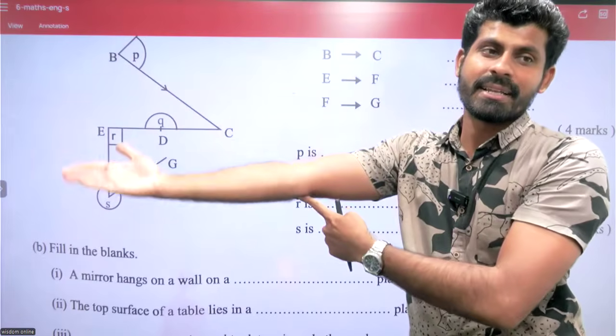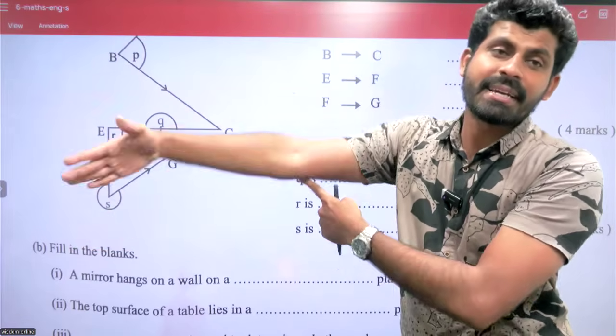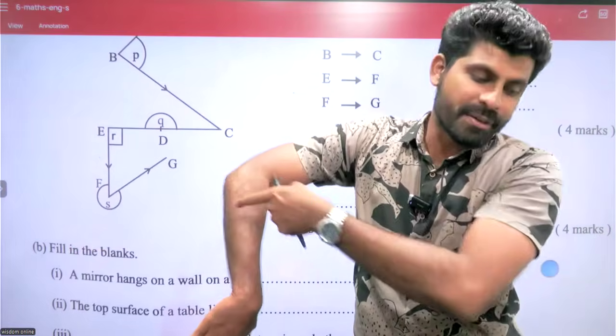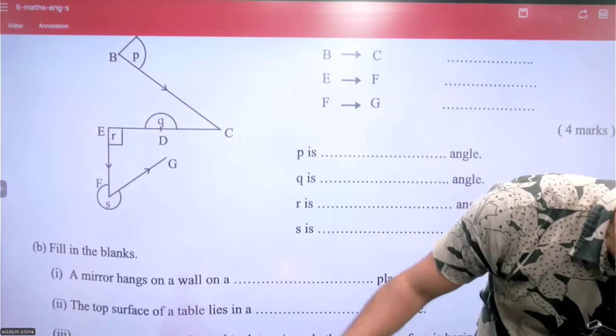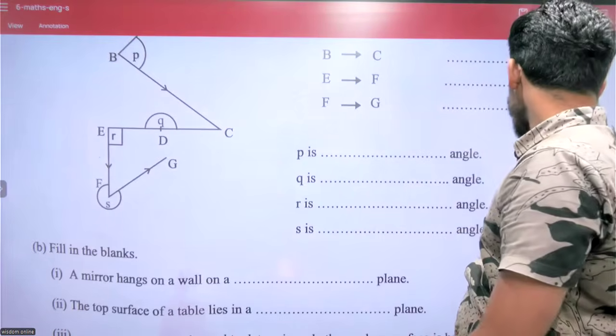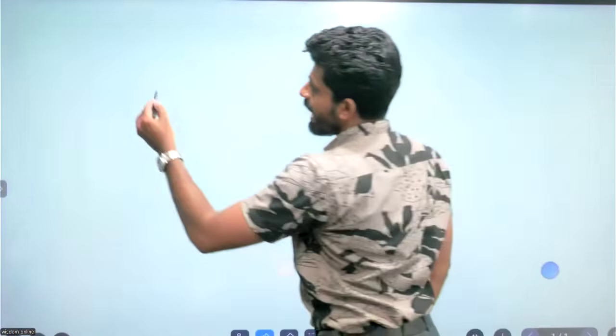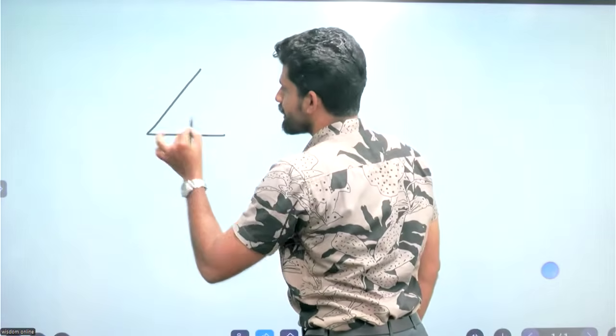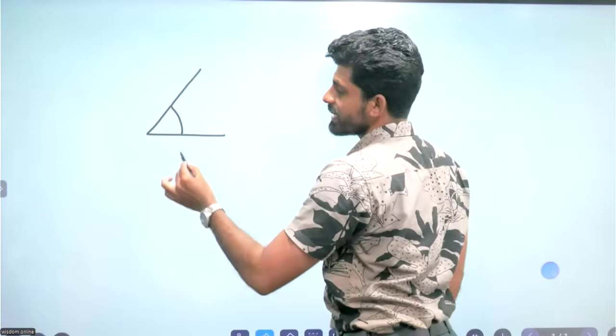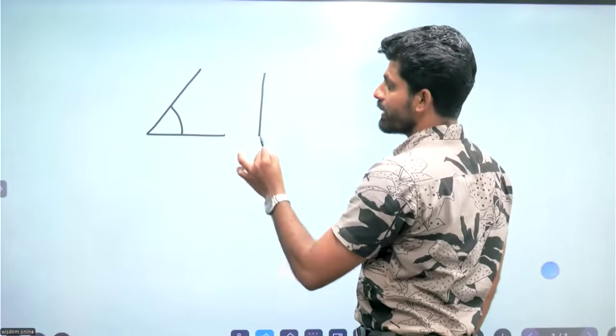Obtuse angle, straight angle. Look at this one. Acute angle means less than 90 degrees.